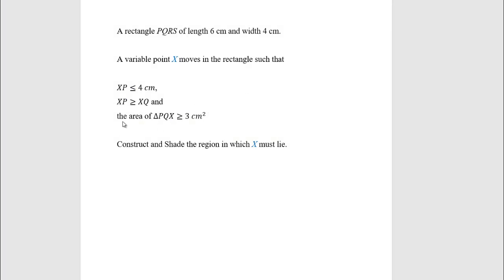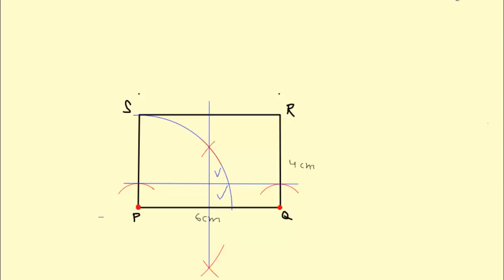According to the last information, X will be moving in such a way that the area of the triangle PQX should be equal to 3 or greater than 3. We know that if the area is equal to 3, the point X will be on this parallel line. And it must also be greater than 3, so the point will also be above this parallel line.